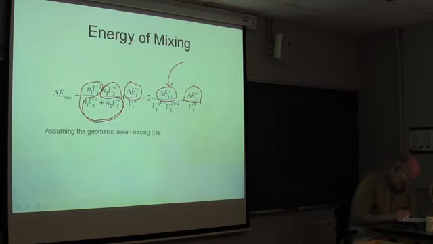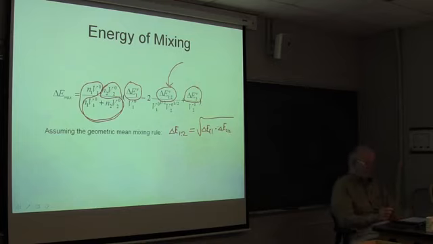And what that means is we take the energy of the 1-2 interactions to be the geometric mean of the energy of the 1-1 interactions times the energy of the 2-2 interactions. So we say that this energy is the square root of the product of the two pure interactions.